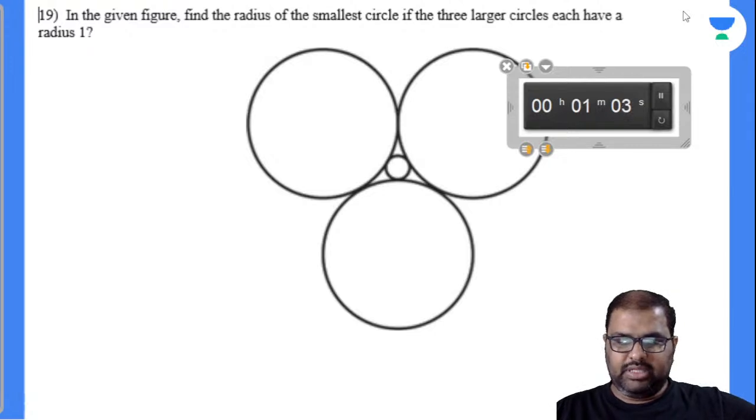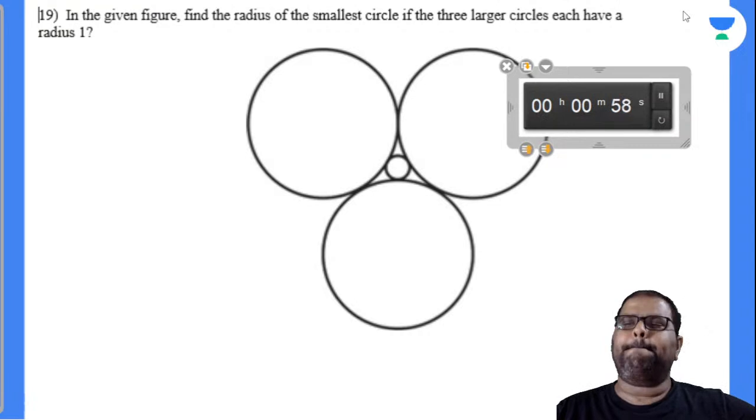Find the radius of the smallest circle if the three large circles have a radius of 1. Any ideas?